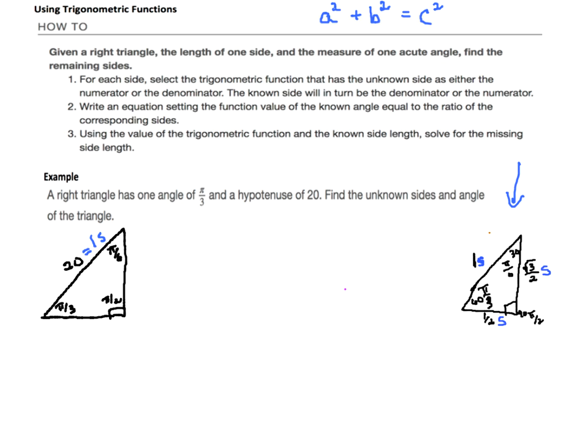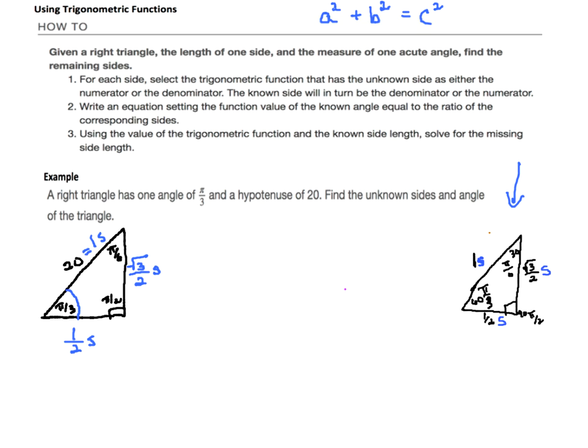Okay, so the adjacent side is 1/2 S, and the opposite side is governed by the relationship square root of 3 over 2 times S. We have to figure out what S is.